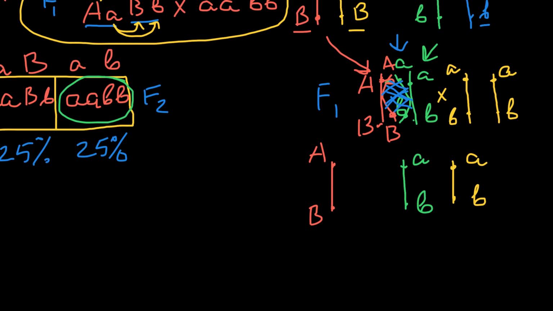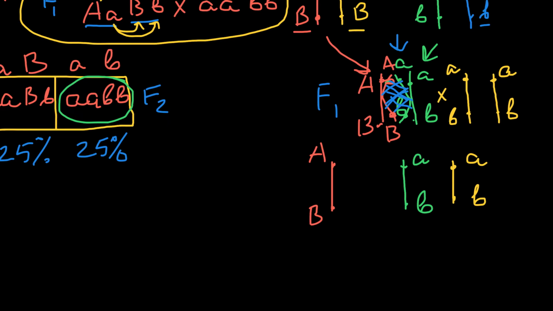So basically, when alleles A and B are at the tips of the chromosomes, we expect that they would behave as if they were on different chromosomes. So we expect that 50% of the crossing overs between these two non-sister chromatids would result in crossing over and new variants of the chromosomes.